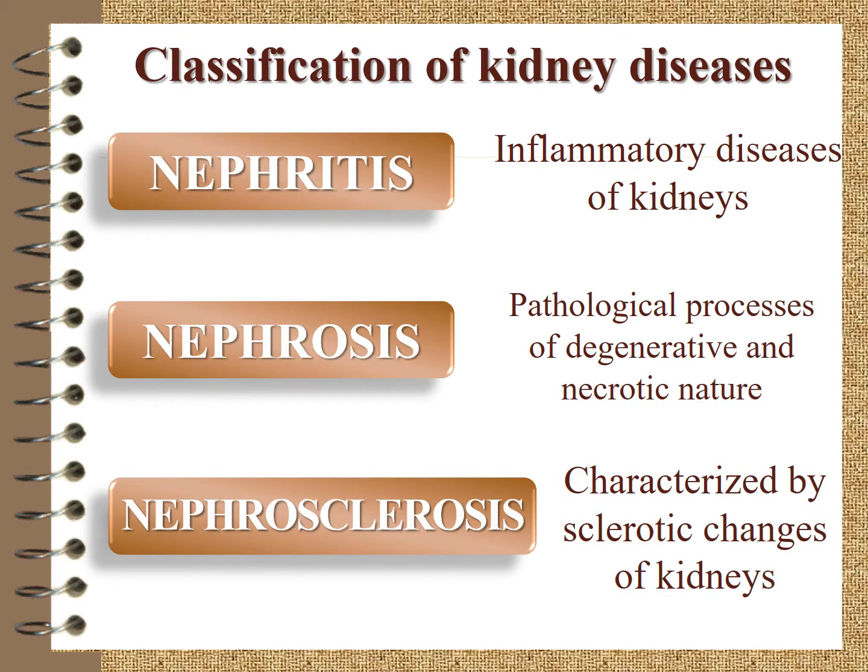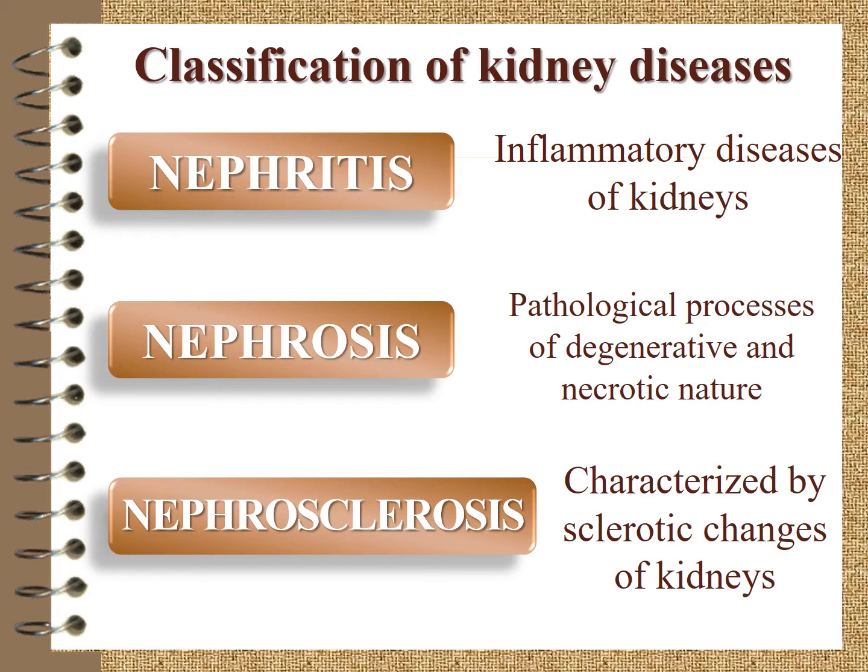Historically, kidney diseases, especially glomerulonephritis, were called Bright's disease. The symptoms and signs of Bright's disease were first described in 1827 by the English physician Richard Bright, after whom the disease was named.